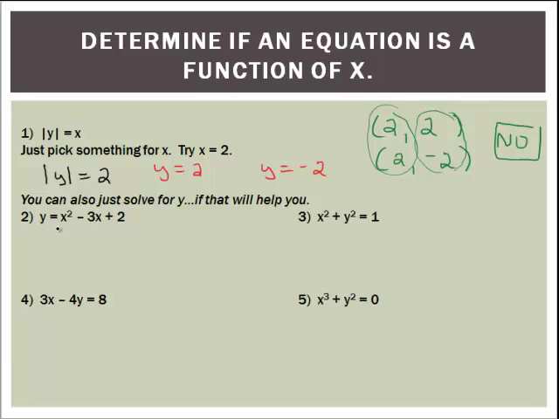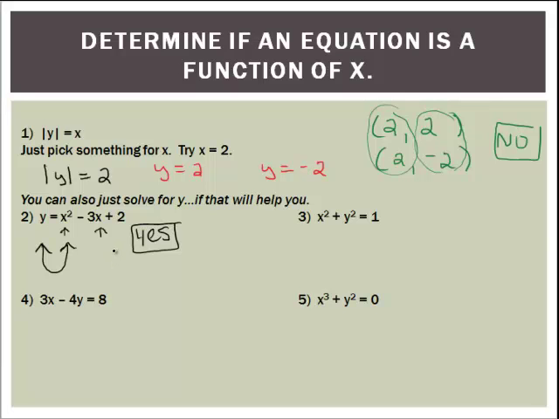If you're not sure, you could even graph it on your calculator. y equals, if you solve for y, you'll already have it. y equals all this. So no matter what you put in here for x, you're always going to get a different y. So, yes, this one is a function. You can also graph it. When you do, you'll see it looks like this. And you can do the vertical line test.